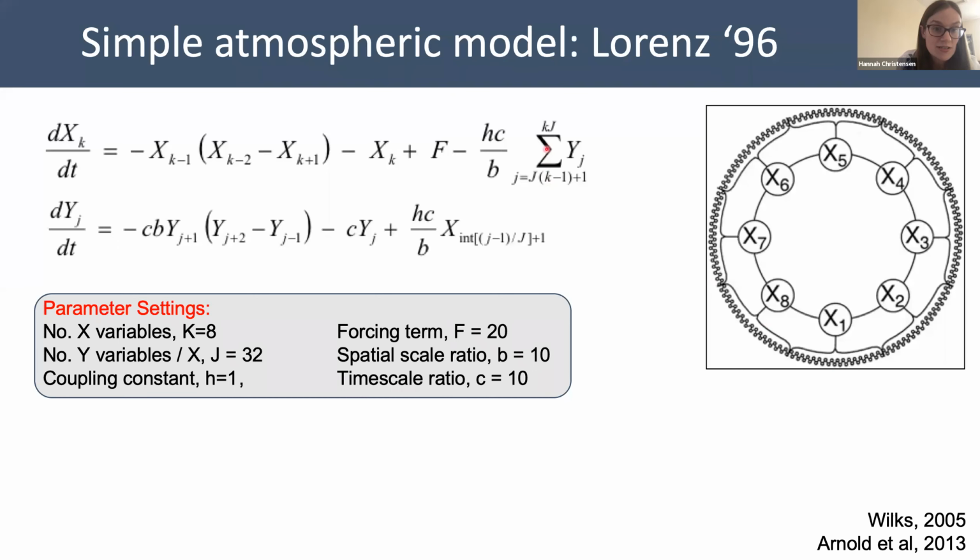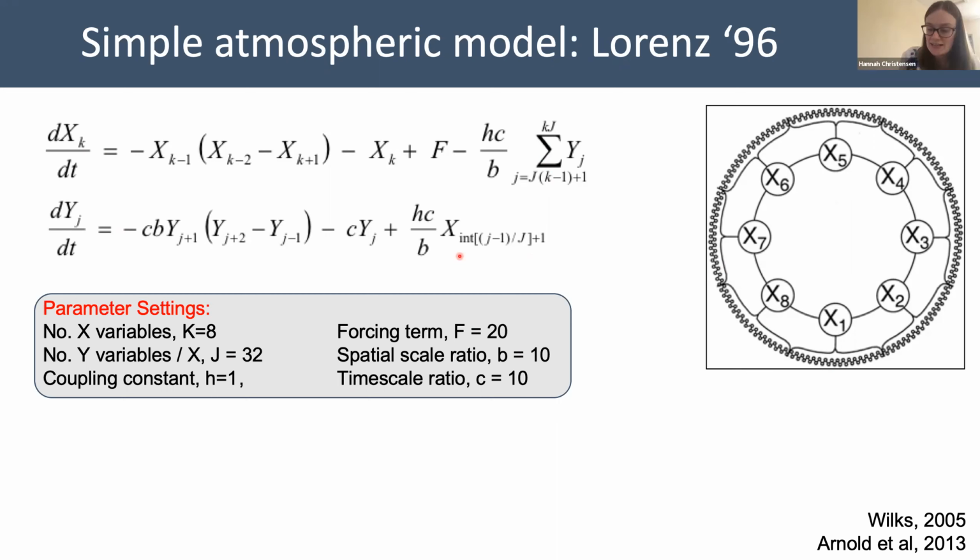And it consists of two sets of coupled equations with two types of variables. So the x variables are large scale and low frequency variables, and each x variable is coupled to many small scale high frequency y variables. And so you can see them all arranged in a ring as shown in this schematic. And the y variables are in turn driven by what their parent x variable is doing.